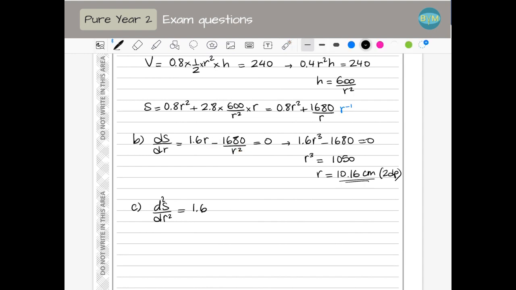Together with this minus it becomes a plus, 1680 times 2 is 3360 times r to the power of minus 3, or r cubed. When I substitute my value of r, which is positive, everything is positive, so the whole thing is going to be positive, even without finding the number, which means it's a minimum. Remember, if the second derivative is positive, it's a minimum. And this is all for this question.